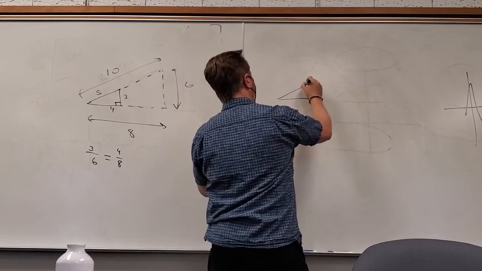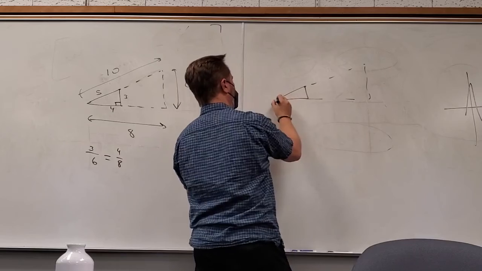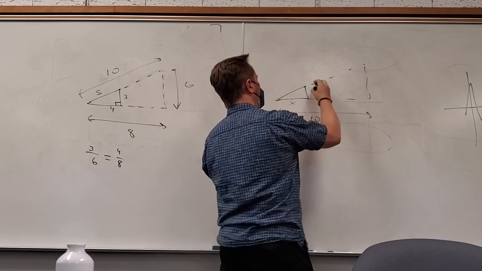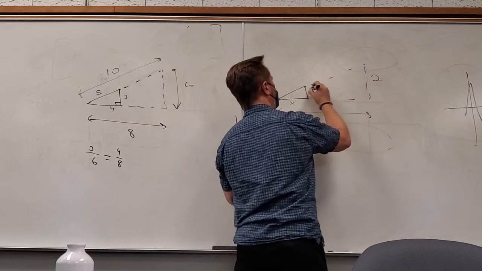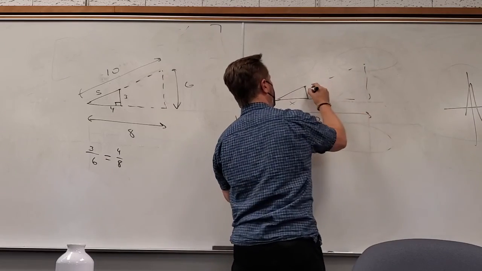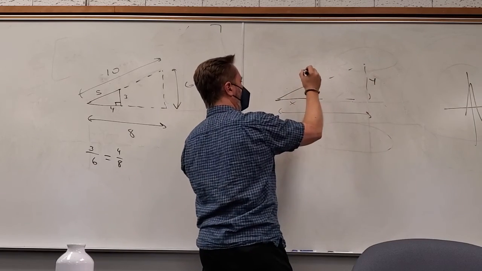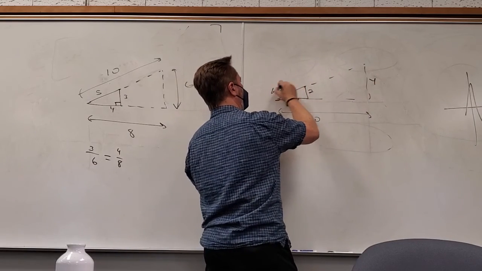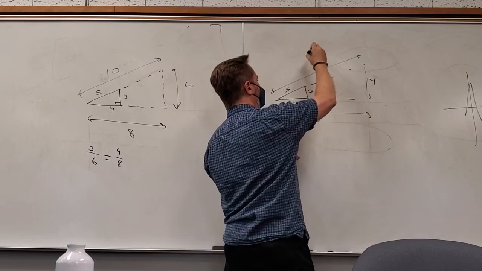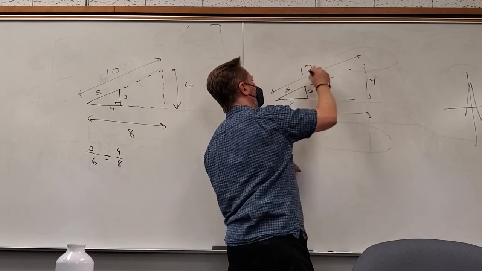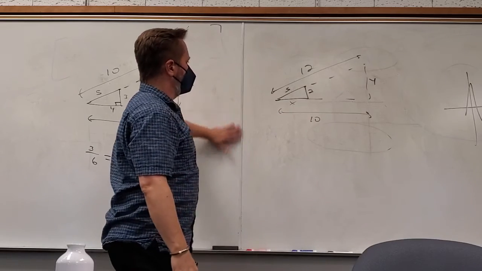So if I have X, 10, 2, let's say 2, Y, 5. This would be weird. What's one ratio you can create?